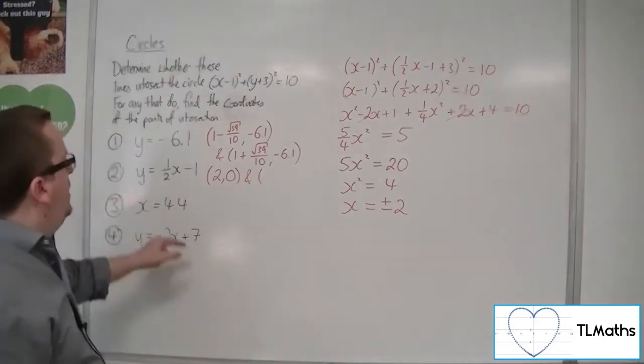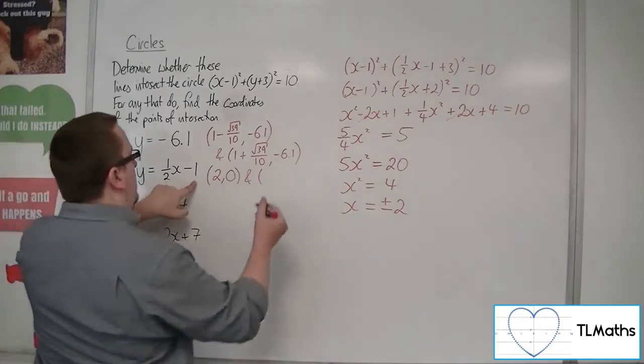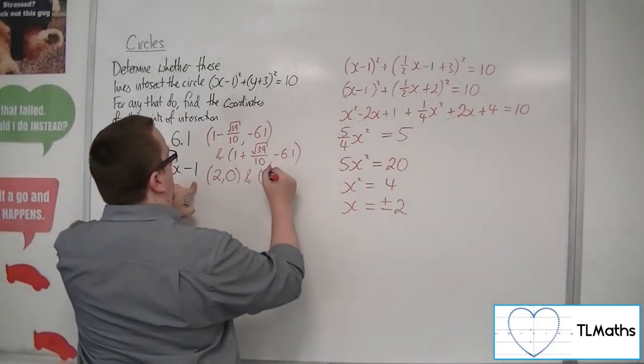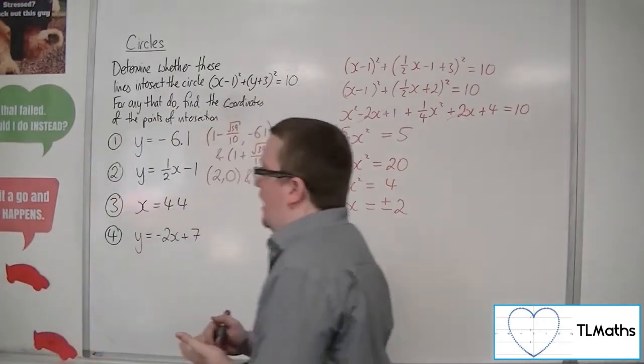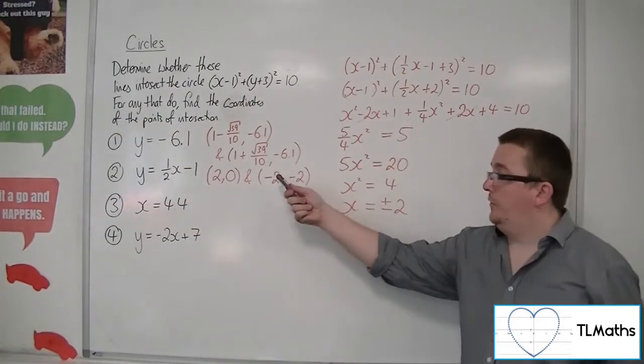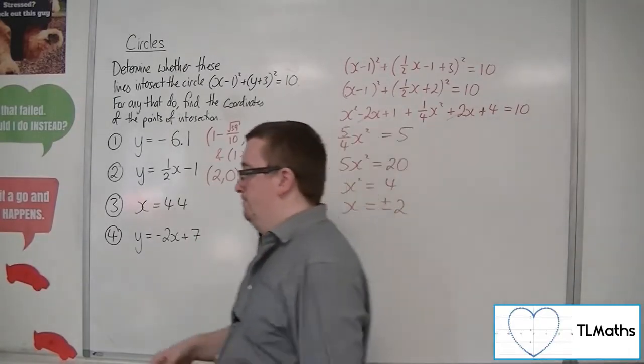And when x is -2, I get 1/2 times -2, so -1, take away 1, so -2. So (-2, -2). And that is the pair of coordinates for where this line intersects the circle.